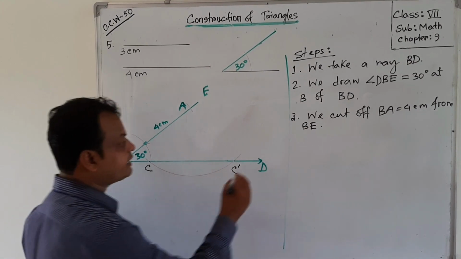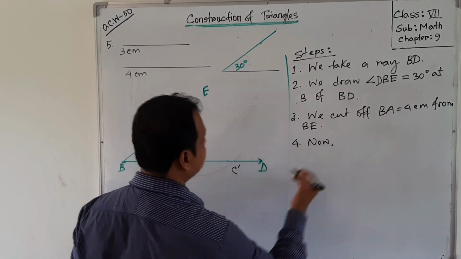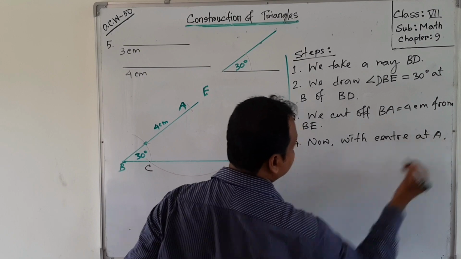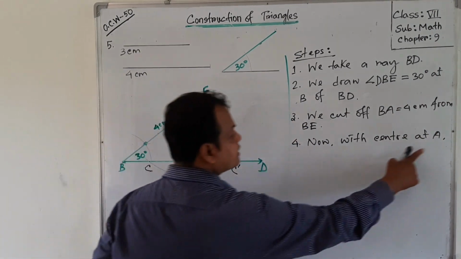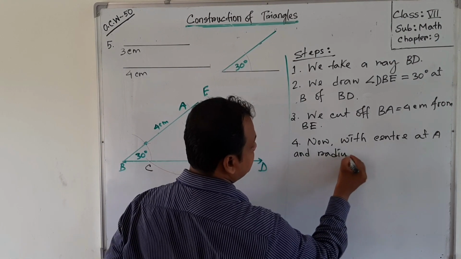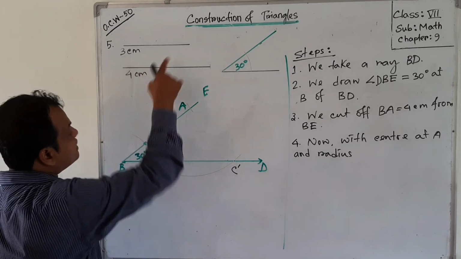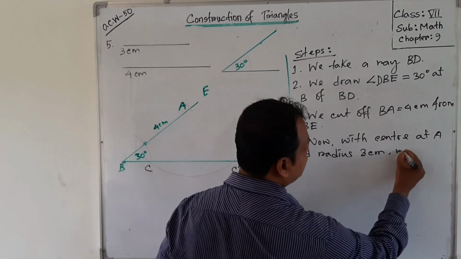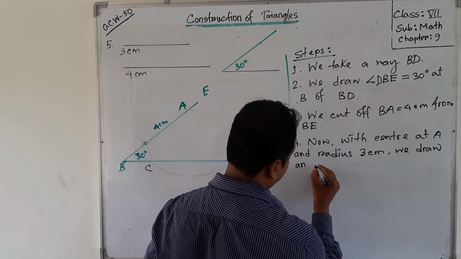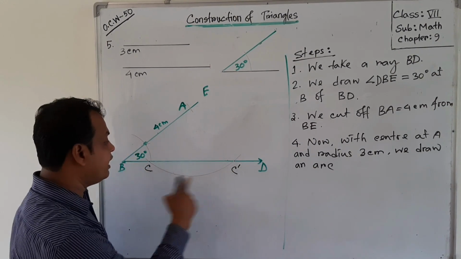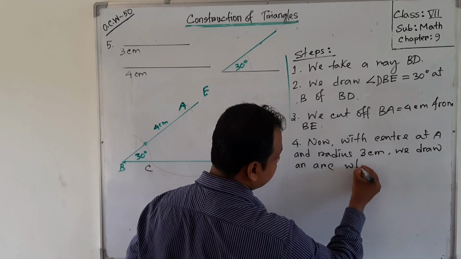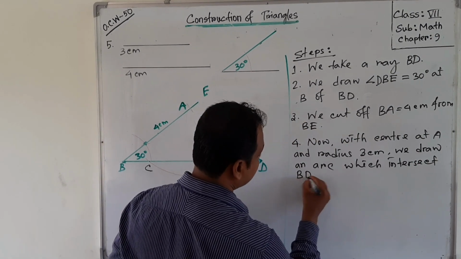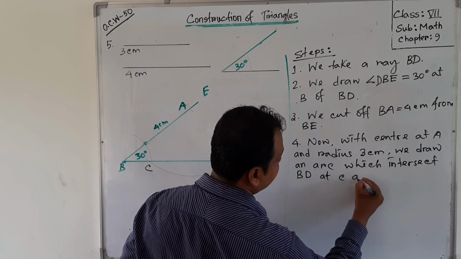So what we have got? We'll write the explanation. Now with center at A and radius 3 cm, we draw an arc, which intersects the line BD at C and C prime.